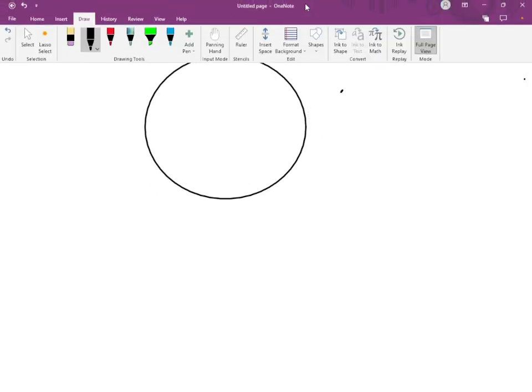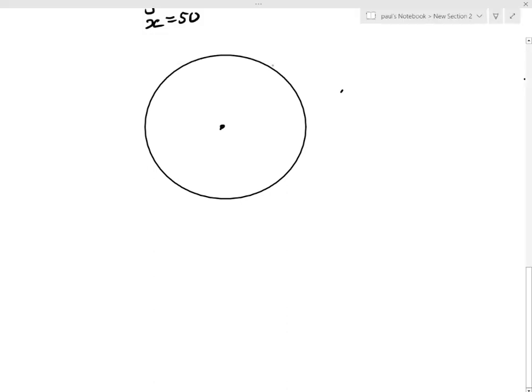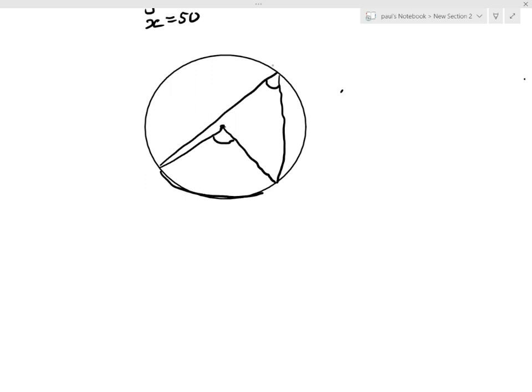If we have the center there, and we draw a line there, and we go from the same arc up here, this one and this one are subtended from the same arc, which is down there.